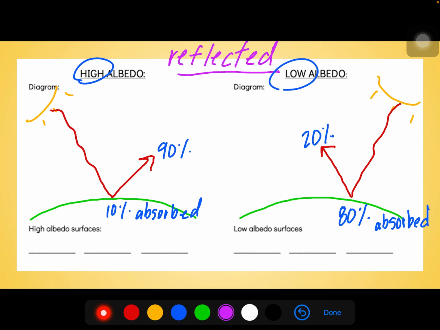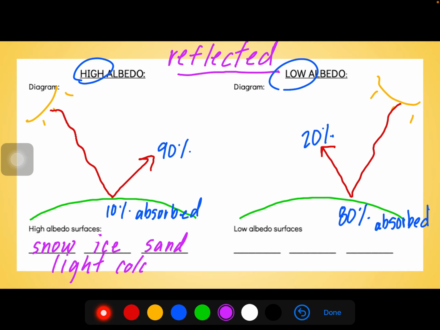So we want to come up with just a couple examples down here at the bottom. Surfaces that tend to have a high albedo and reflect a lot of energy are surfaces like snow, ice, sand, right? They are all light colored surfaces.